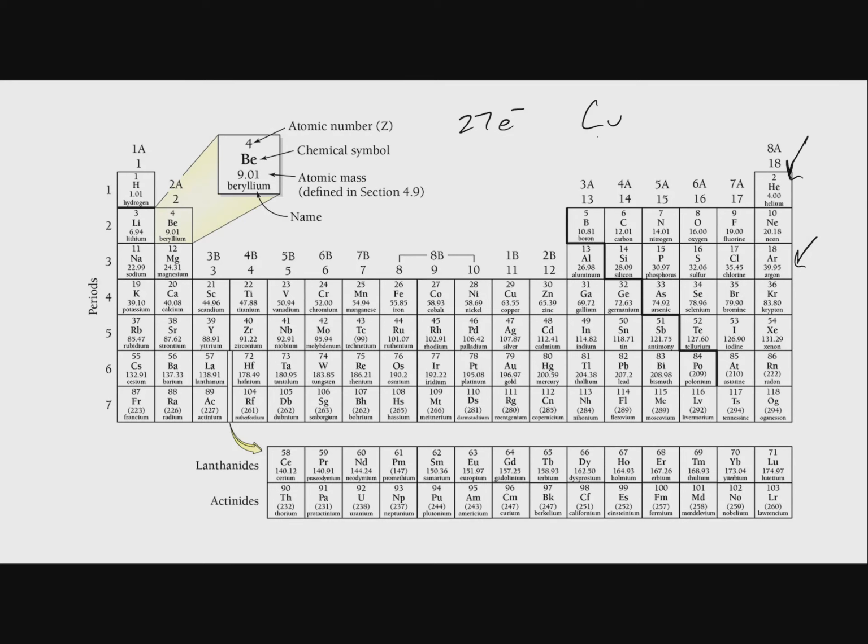I expect that you're going to be able to look up copper, find its number, and say, oh, that's the number of protons. 29 minus 27, 2 plus, right? Does it make sense that copper would be positively charged? Yes, because copper is a metal, and metals become positively charged. Metals don't usually become negatively charged. Metals are good at conducting electricity, losing their electrons. Not the other way around.